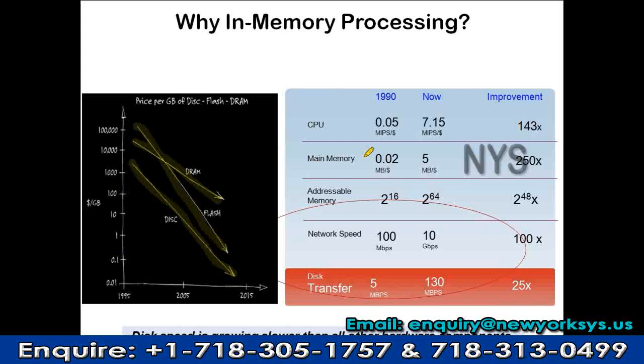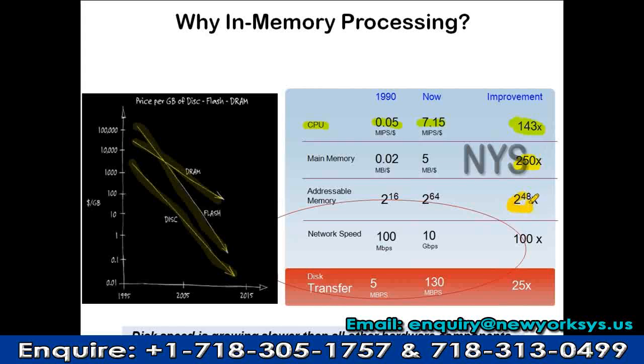The second reason is that for each component we have a speed. For example, CPU: in 1990 it was 0.05 MIPS, but now it's 7.15, which is almost 143x faster. The same applies to main memory, which is 250x.